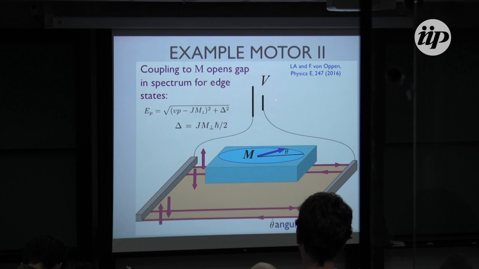And how does it come? Okay, we can think of this as a motor. We are going to regard this M as a large magnetic moment that we can treat classically.